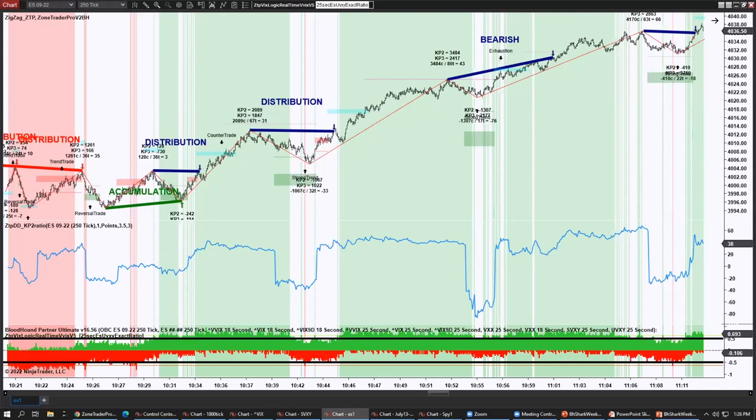So not only is it a lifetime license, but if I make changes to the software or find something else that I find interesting, although at this point I don't know what that is, but I've said that every time, after I created order flow, after I created divergences, after I created VIX, I don't see anything out there, but I always have my ears open to learn.